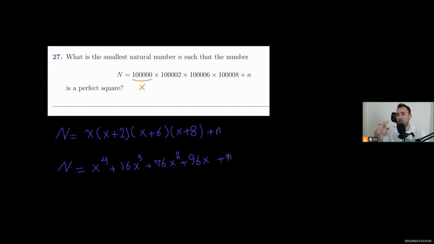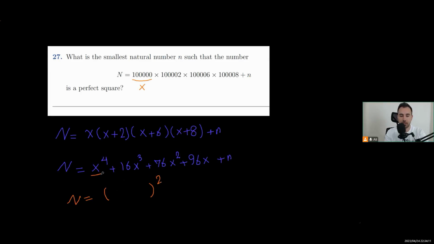It's saying that this is supposed to be a perfect square. So that means n is supposed to be something to the power of 2, obviously.